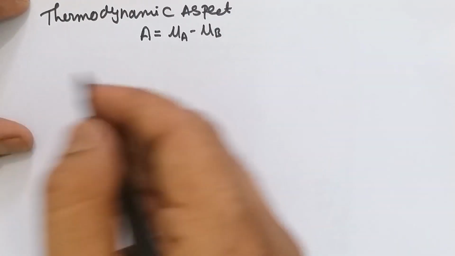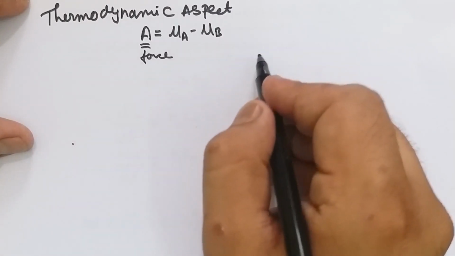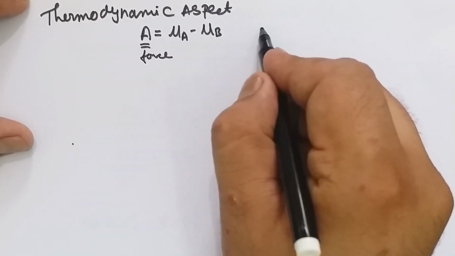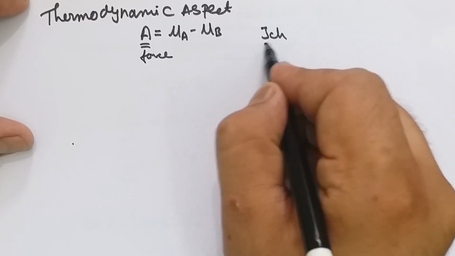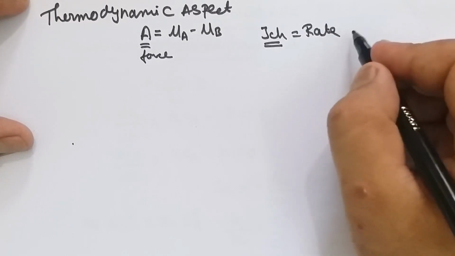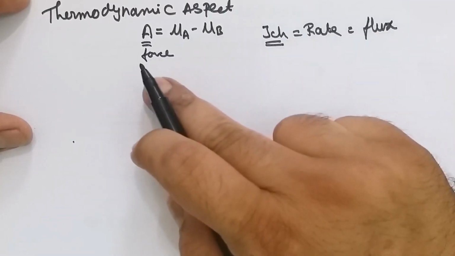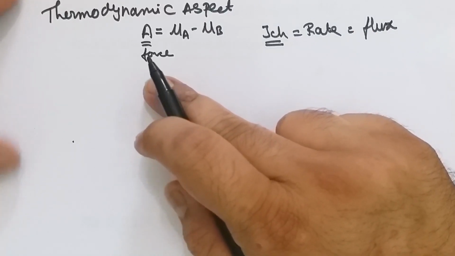So over here A is our force, and the flux, that is the rate, we have written as JCH. So this rate is equal to the flux, and the affinity of the chemical reaction is the force.